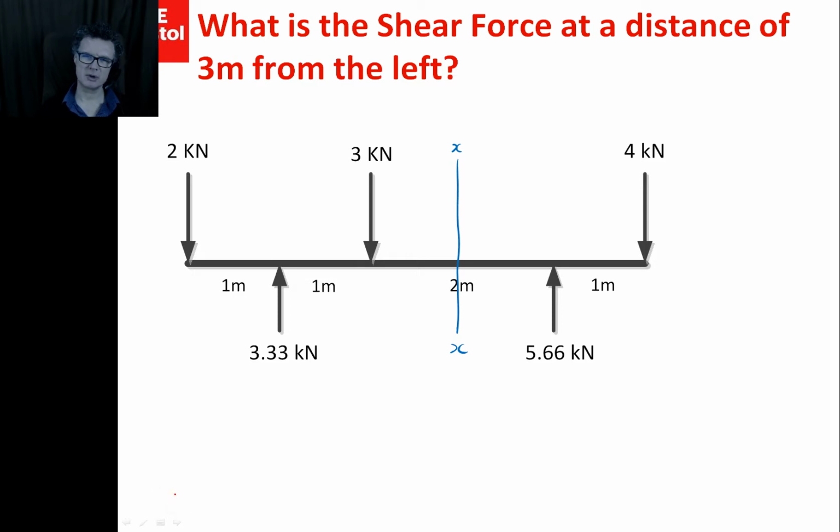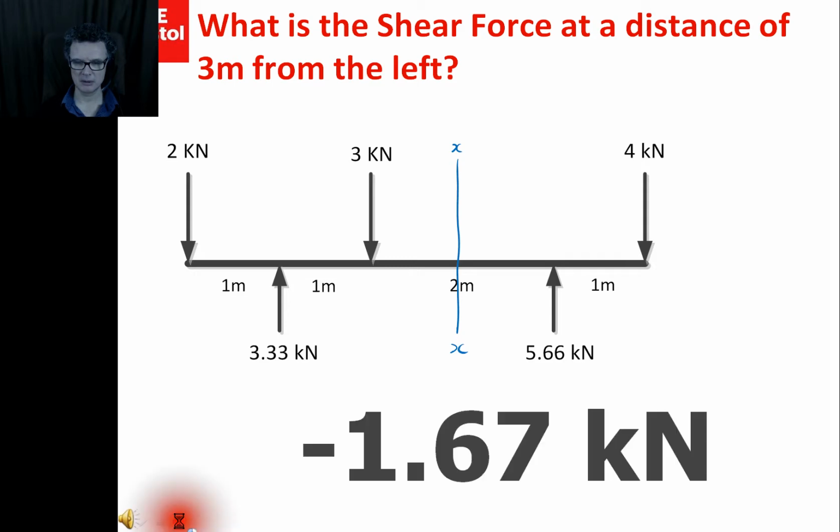Look left of us, what can we see? We can see 2 going downwards, 3.333 going upwards, and then 3 going downwards. So what's that going to give me overall? Overall, it should be a negative number, and it's going to be minus 1.67.